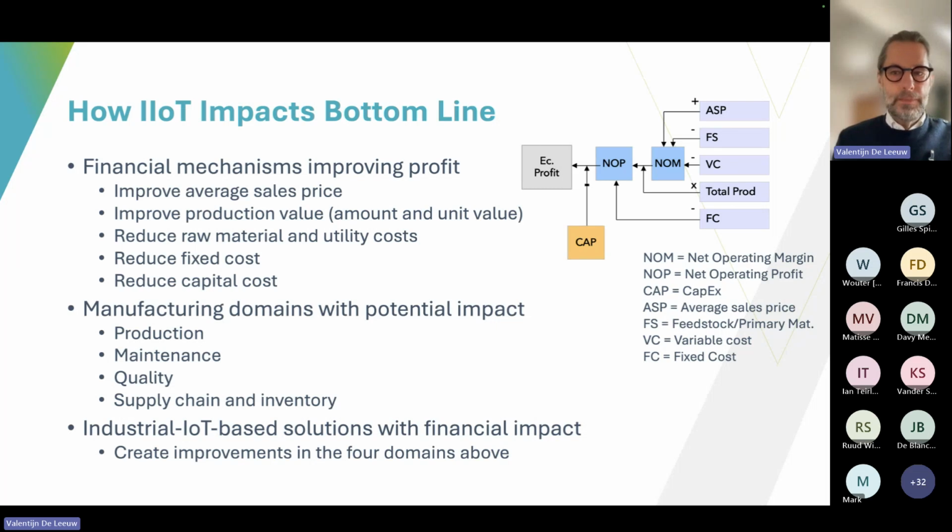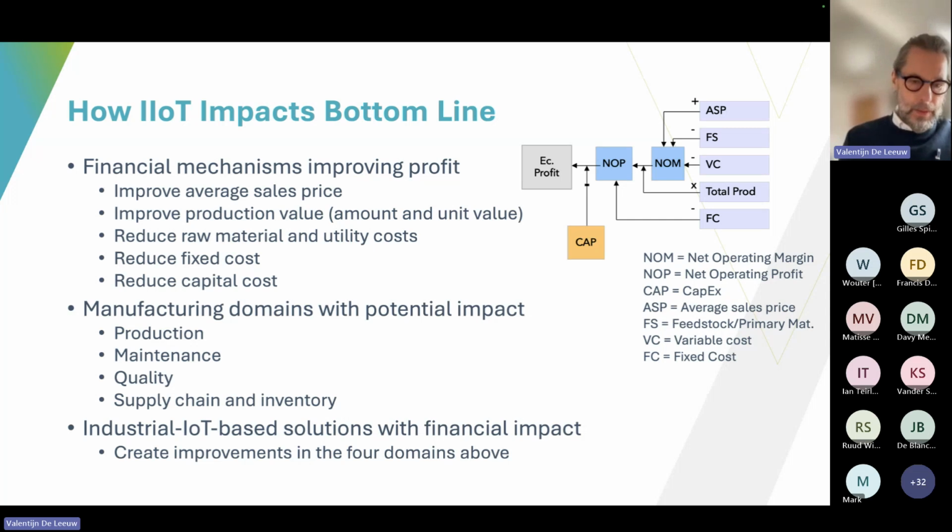For example, if we improve the production amounts, we have more revenue at the same cost, so we get more profit. If we use predictive maintenance, then we have less breakdowns, so we have more production and we have less cost. If we improve our supply chain, we can reduce our inventories, and so forth and so on.